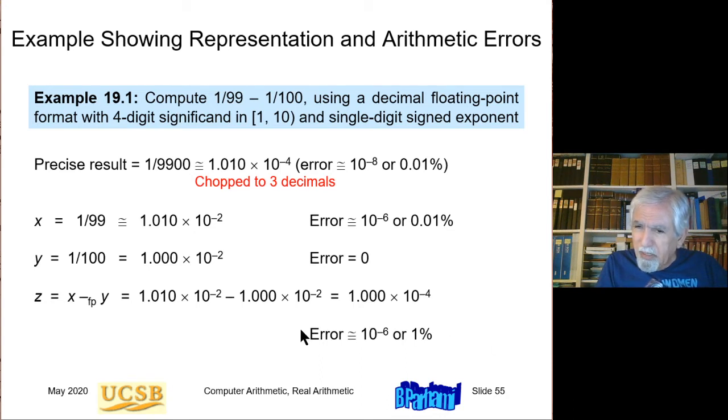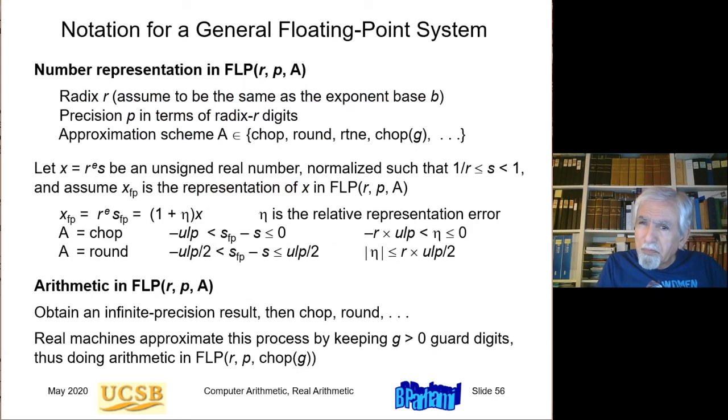In this case, the arithmetic operation introduced additional error compared with the representation errors. We'll see the sources of these errors and the dangers that we face if we don't properly consider the possibility of errors.